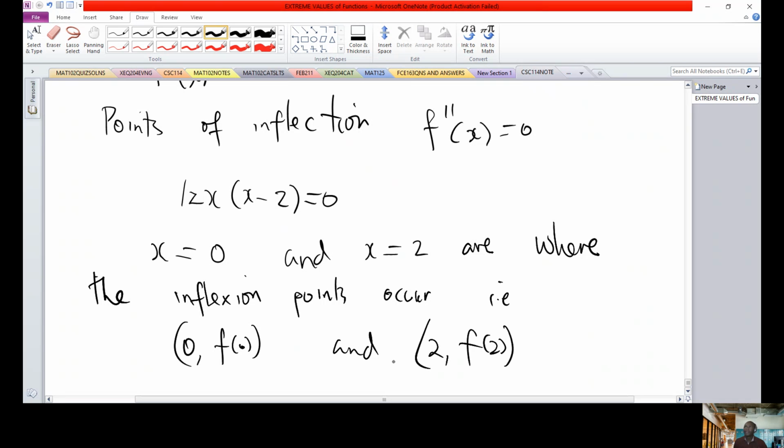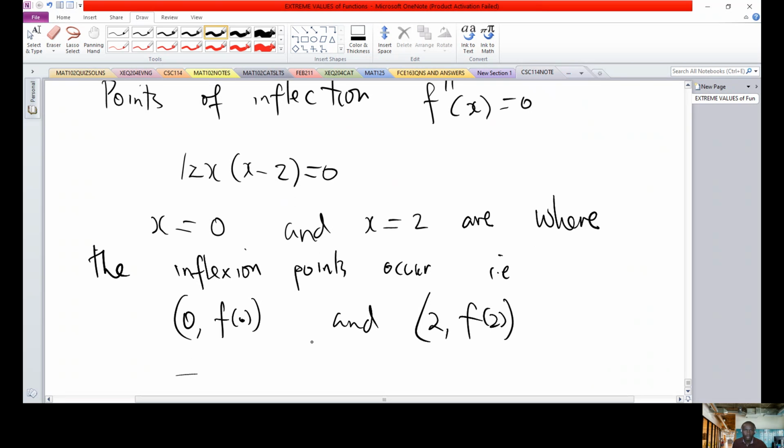So you can just now find the actual values. When x is 0, the value of the function is 0, and when it is 2, we'll have 2 to the power 4 minus 4 times 2 to the power 3.